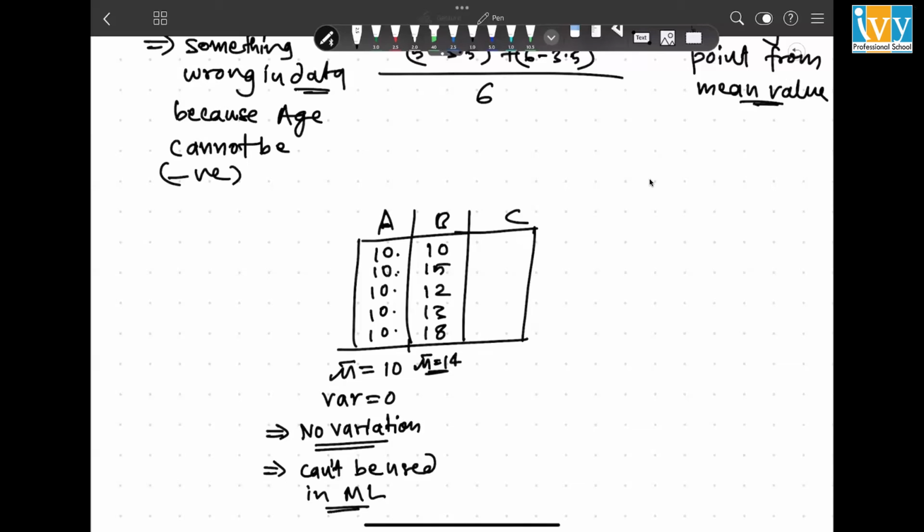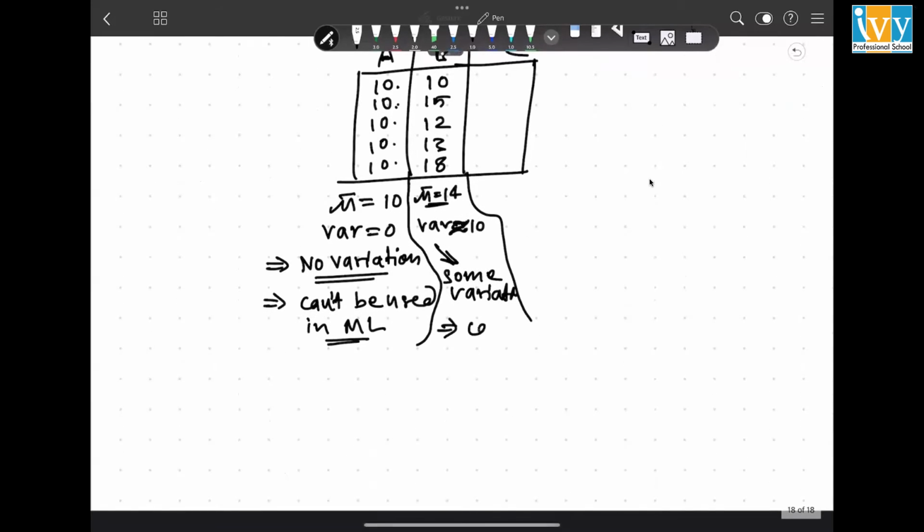So you understand there is some variation. Let's say the variance came out to be 10 or 15. I'm just roughly putting some numbers, okay? Rough numbers.